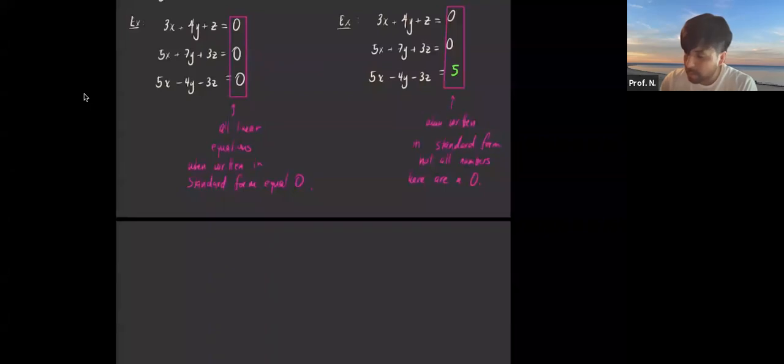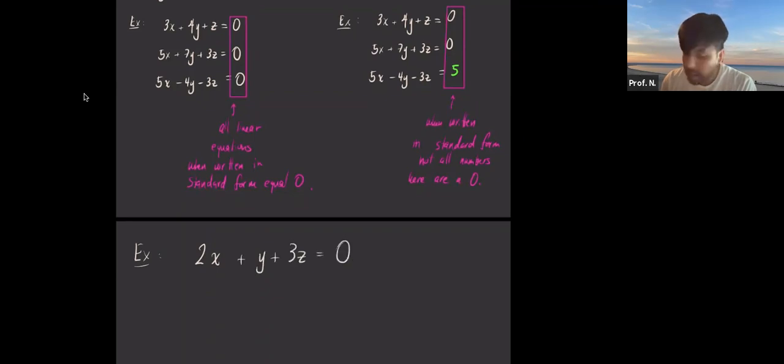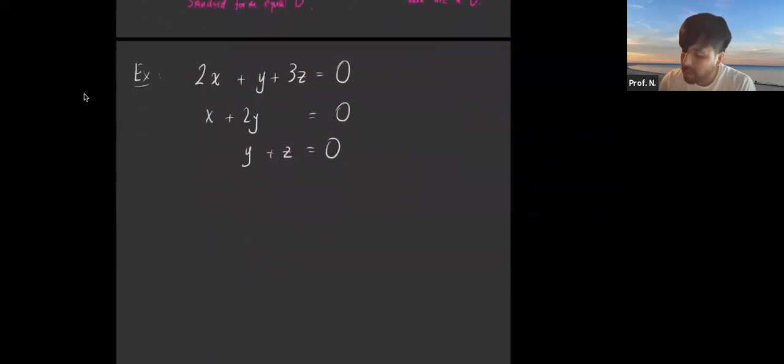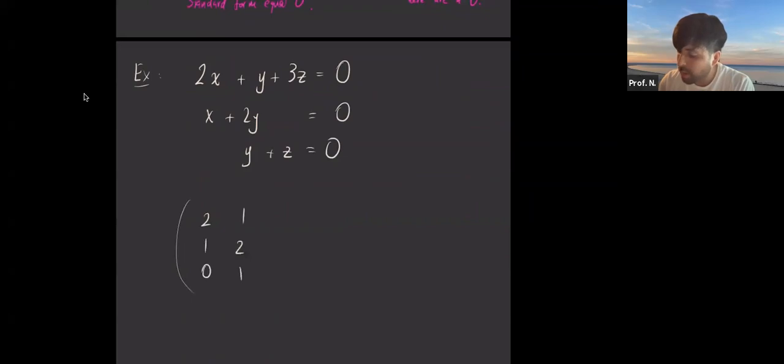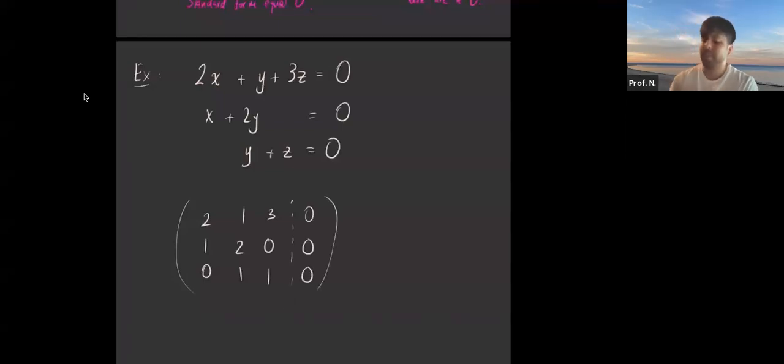I'll give you another example of this. If I have 2x plus y plus 3z equals 0, x plus 2y equals 0, and y plus z equals 0, when I write it in matrix form I get 2, 1, 0, 1, 2, 1, 3, 0, 1, and all of these zeros.